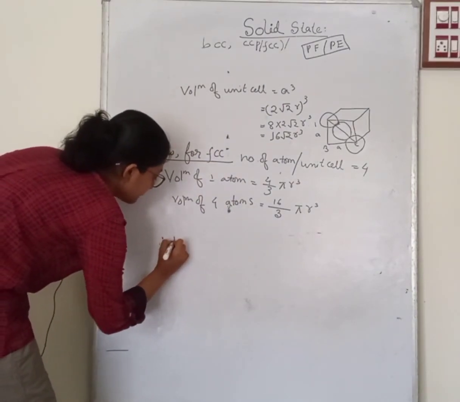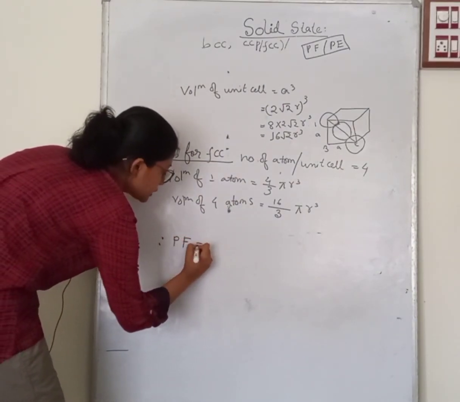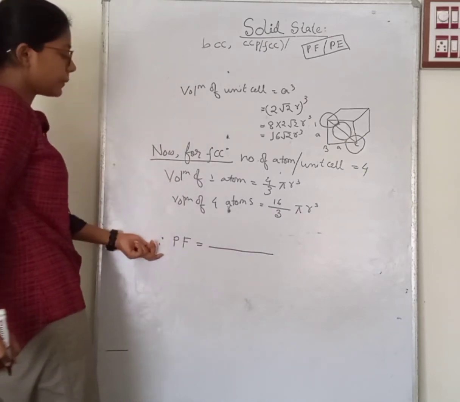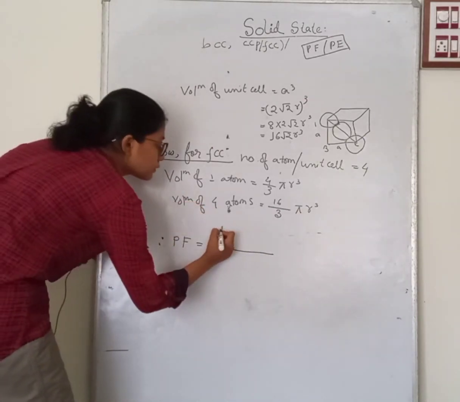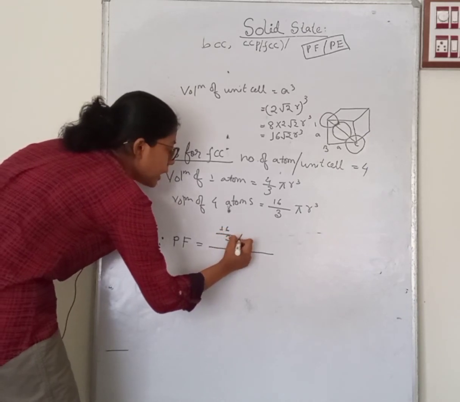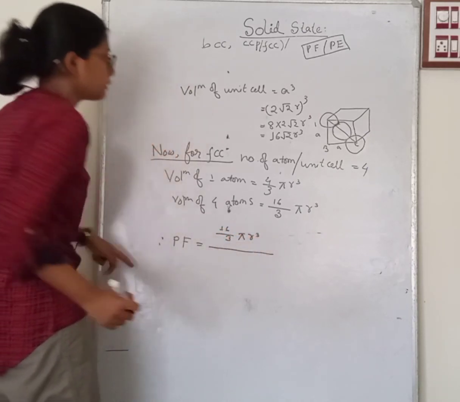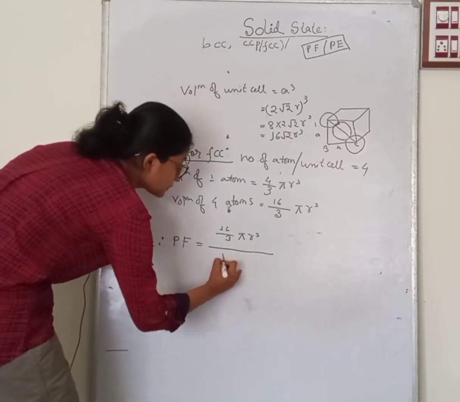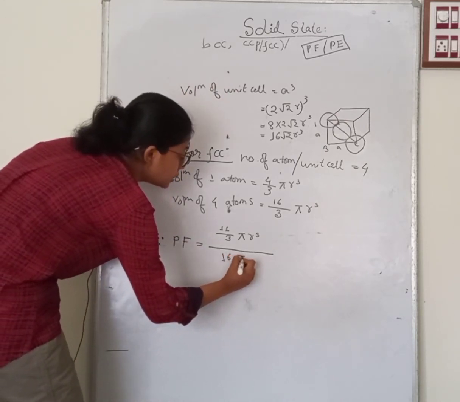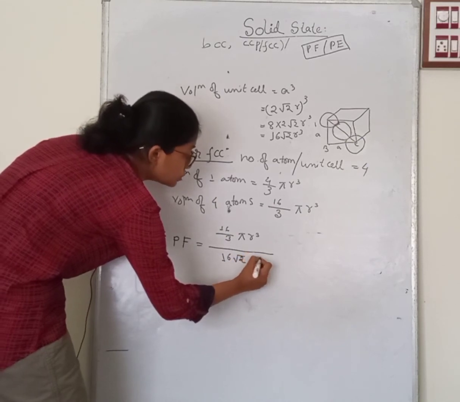Therefore packing fraction is equal to the volume of 4 atoms, 16 by 3 pi r cube, divided by the volume of unit cell, which is 16 root 2 r cube.